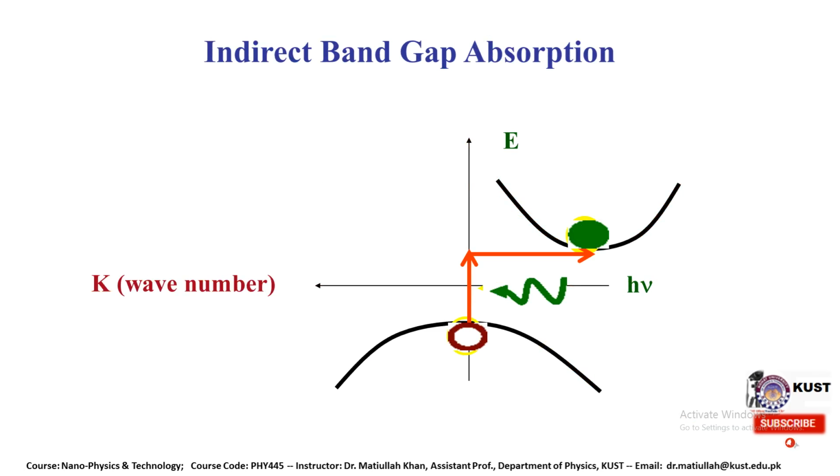In some cases we have an indirect band gap semiconductor. In that case, the maximum of the valence band and the minimum of the conduction band lie at different values of k. So this is not a direct transition but an indirect transition, where the electron is moved from the valence band toward the conduction band with the help of some impurity level, or some state that is created, which is responsible for the indirect transition.